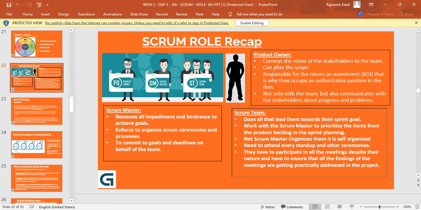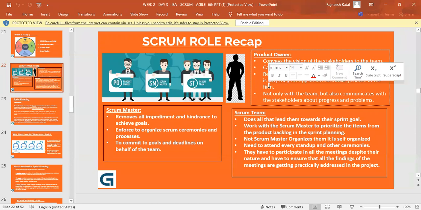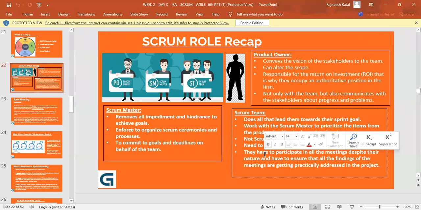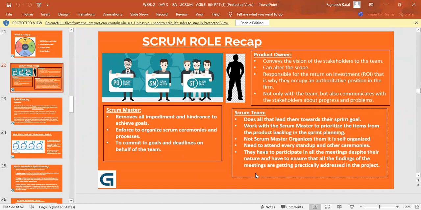Many times they are also called the Scrum team, because we already have a team, and though they are leads and seniors, they are also called a team. So to answer your question, you are right. But both terms are used synonymously, to be honest. Mostly development team for people who are working in development, and Scrum team as a whole. Even as a Scrum team, there is no harm in it. It can be used interchangeably.